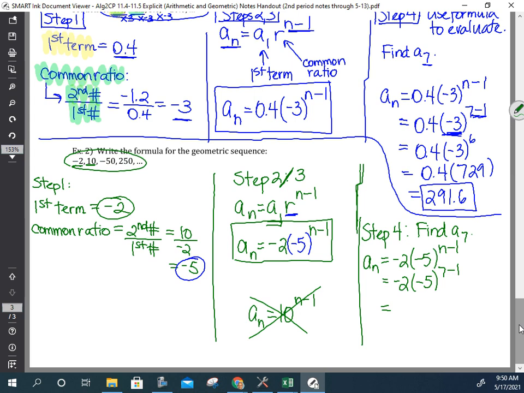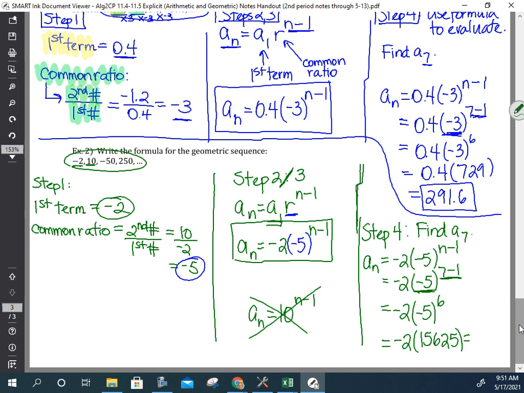So again, order of operations, parentheses, exponents. So -5 raised to the 6th power is 15,625.